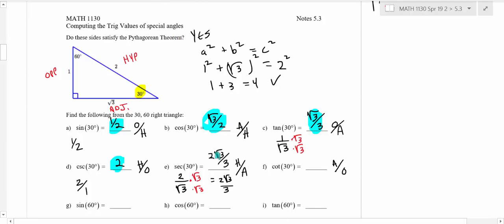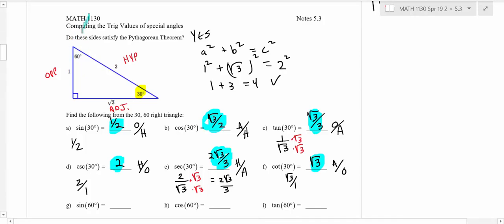That's the reduced form for that. And then finally, the cotangent is adjacent over opposite, so that would be square root of 3 over 1, or just square root of 3. Okay, so that's how you figure that out. If you know the 30-60 right triangle, then it's easy to get the exact answer to the 6 trig functions of a 30-degree angle.